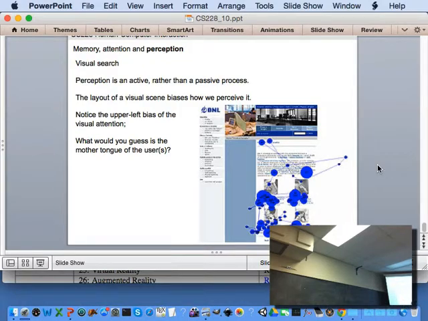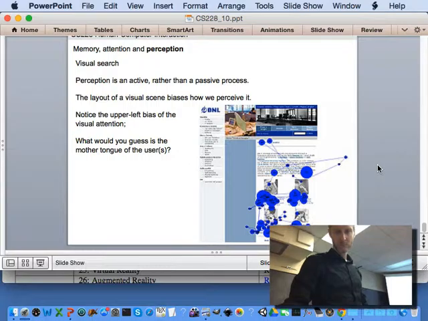The size of the circle is, I think, the amount of time that they spent there, and it's hard to see here, but there are arrows that show where they went, and it's usually something like this: coming back here to verify something, going here, coming back to verify, coming back to verify. They're scanning this sort of inverted Z back and forth, but also jumping around to try and prove or disprove the mental models they're building up of what's in these four pictures and groupings of text. Okay.